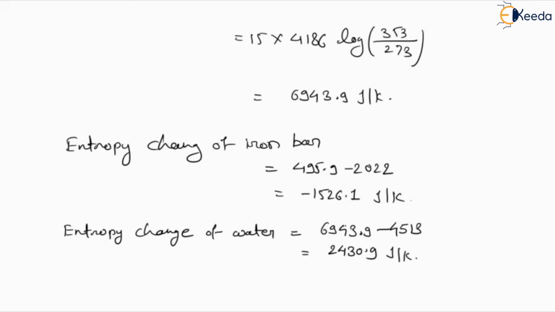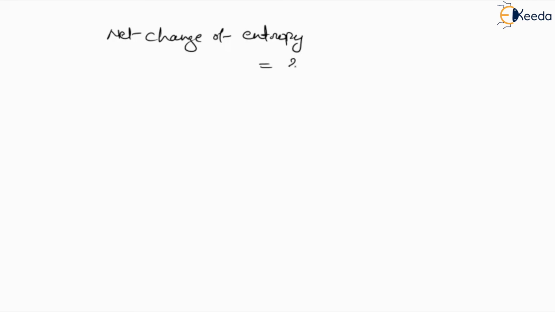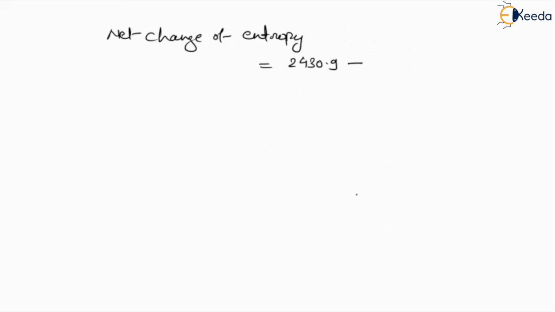Now we have the entropy change of the iron bar and the entropy change of water, so we can define the final entropy change. The net change of entropy will be 2430.9 minus 1526.1. So the final value which we get will be 904.8 joule per Kelvin, and this is represented as delta S.